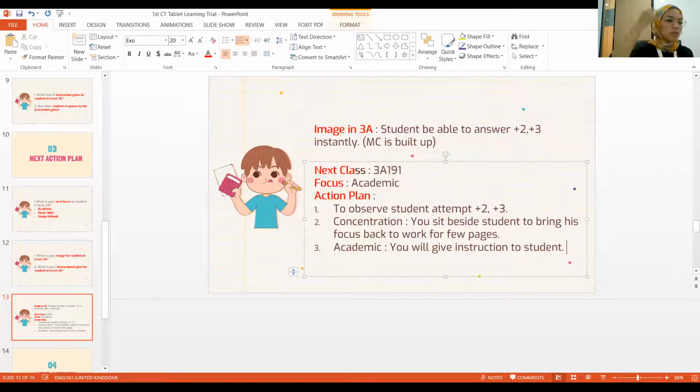Are you going to give answers so that students instill the memory, or do you help students relate, do +2 relate to +1, do +3 relate to +2? So what are the methods? We have to see what his problem is, then we will give the related instruction.